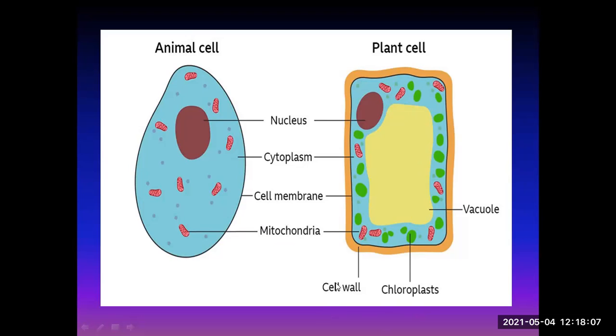The plants have an outer covering, a rigid covering, and that is known as cell wall. Then they have chloroplast. You know that plants can prepare their own food. So chloroplasts are present in their cells, which help them to prepare the food. Then there's a big centrally located vacuole.